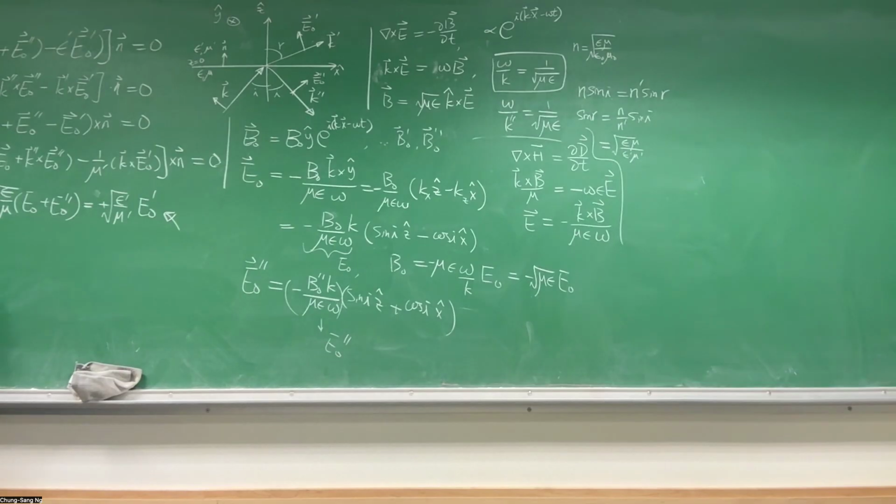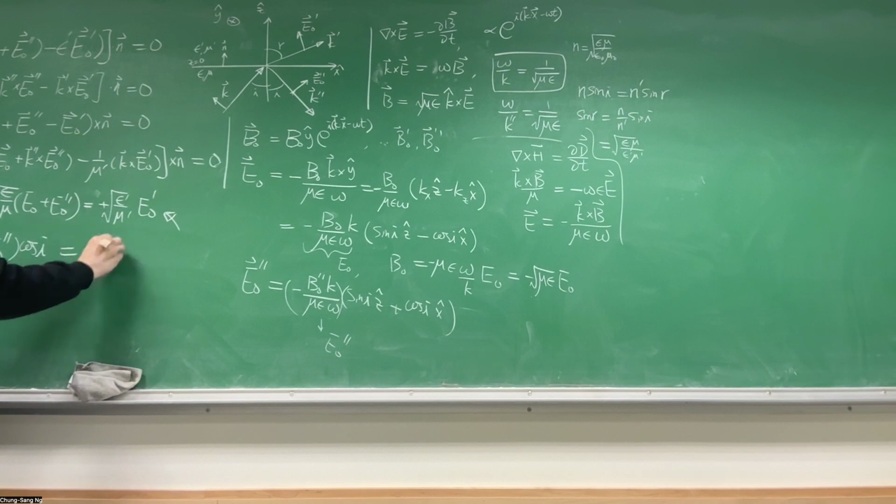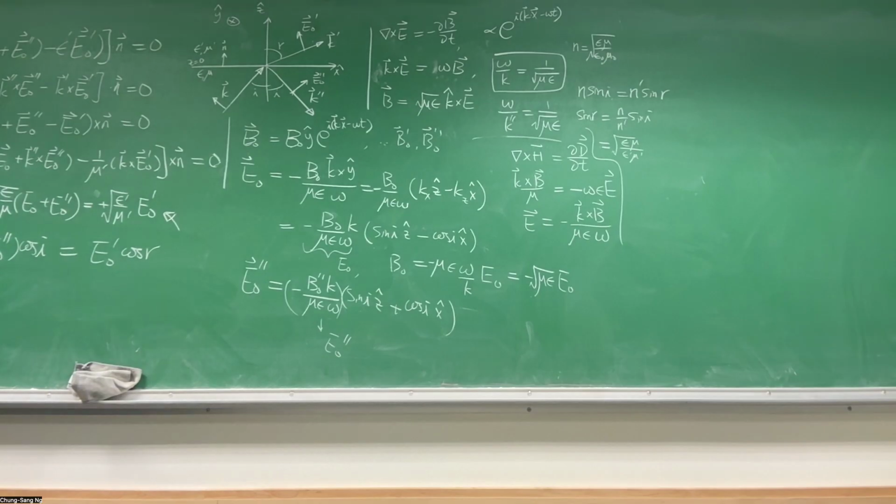So number 3, you have E0 cosine I, E0 prime also cosine, with a negative sign. Okay, and then the right-hand side is the same, except changed to E0 cosine R. Okay, so that should be the other equation of 7.40.